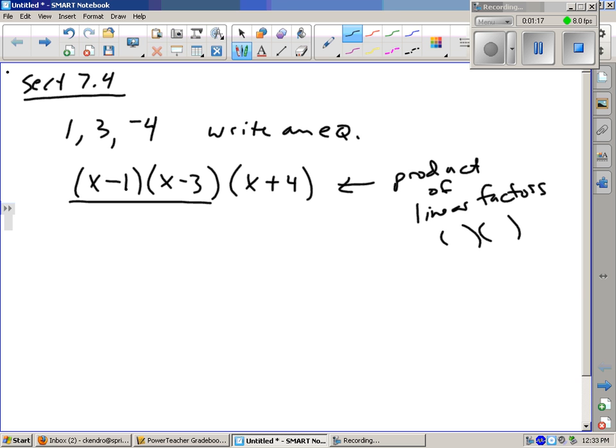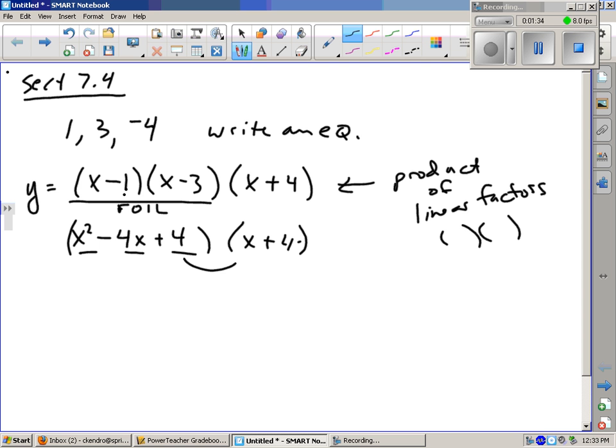Now if I were to write the equation, I would FOIL these two first. So x squared minus those two together make 4x plus 4. And then I would take that, each of these, and distribute it to that other parentheses. So let's start with x squared. X squared times x is x cubed.